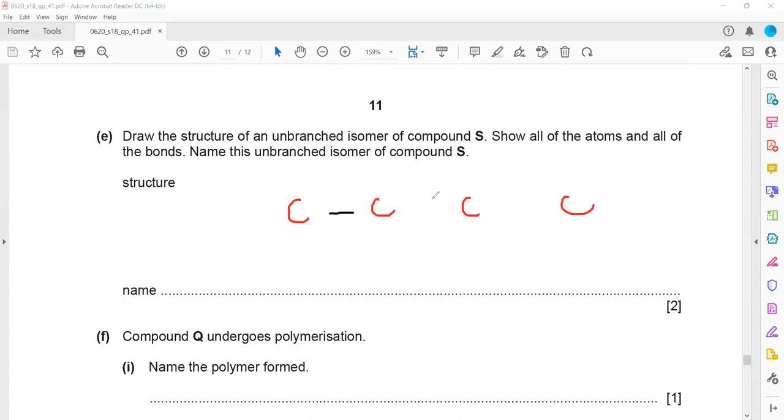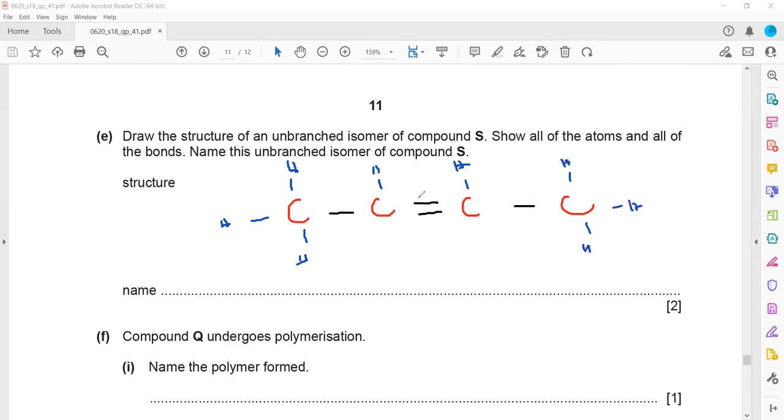And the second and third carbon atoms will have a double bond. Then, because it's a hydrocarbon, the first will have 3 hydrogens. This will have 1 hydrogen only. This will have 1 hydrogen, and the last one will have 3 hydrogens.